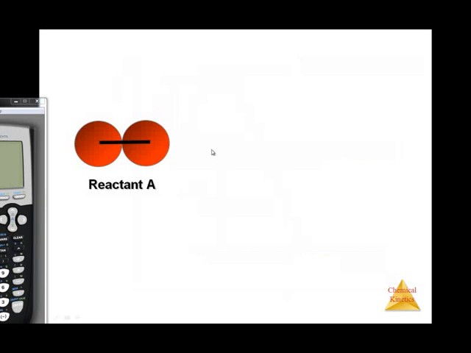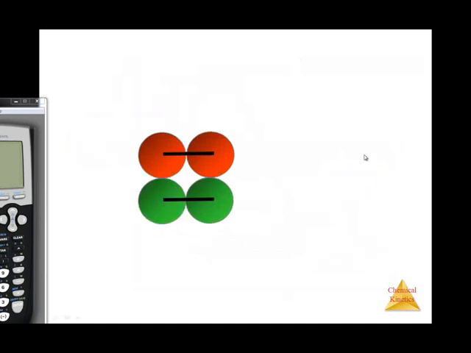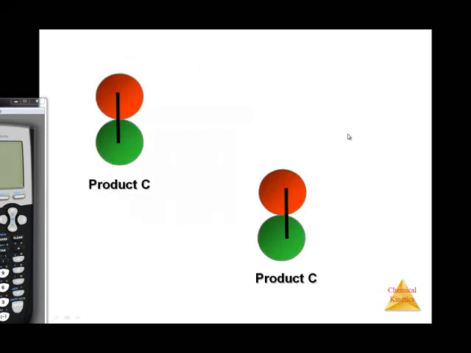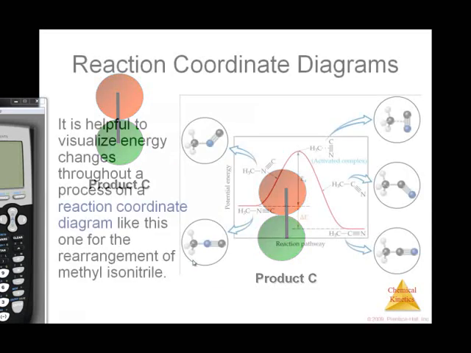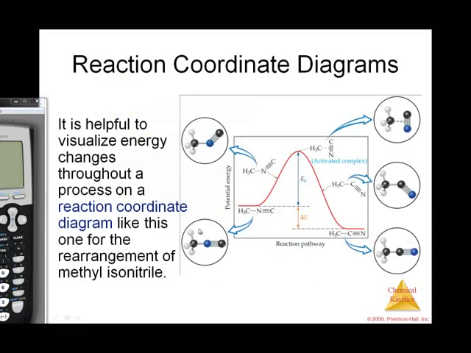So let's say we have a reactant A and a reactant B, and they come together and collide. And as they do that, they start to rearrange what's going on with electrons and sharing, and so we call this the activated complex. Now out of that, we end up with two products, both product C. So if you could imagine, here's a more complex reactant.